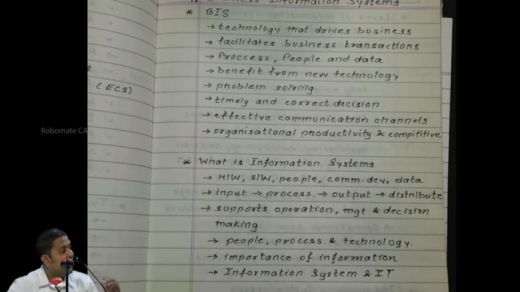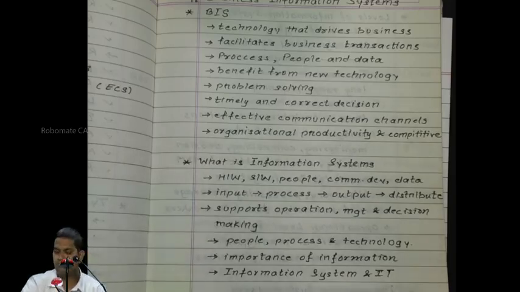And to communicate this information, we require certain communication devices. The information system is a setup of hardware, software, people, data, and last but not the least, communication devices.